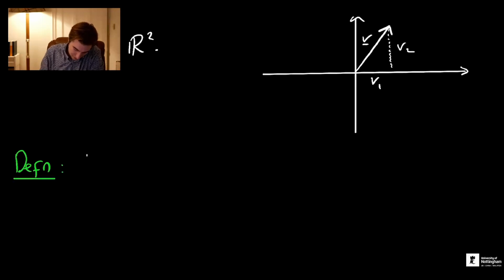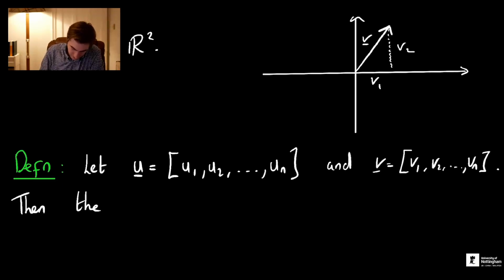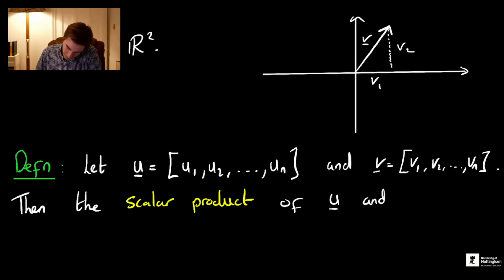We now have two vectors, so let U equal some vector in Rn, defined as follows, and V equal V1, V2 up to Vn. Then we define the scalar product. Sometimes you might have seen this as the dot product. So the scalar product of U and V is defined as follows.